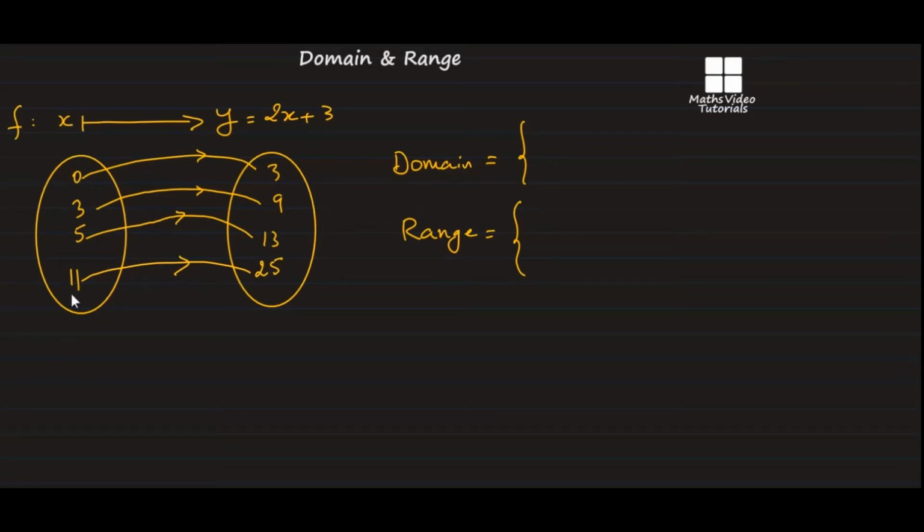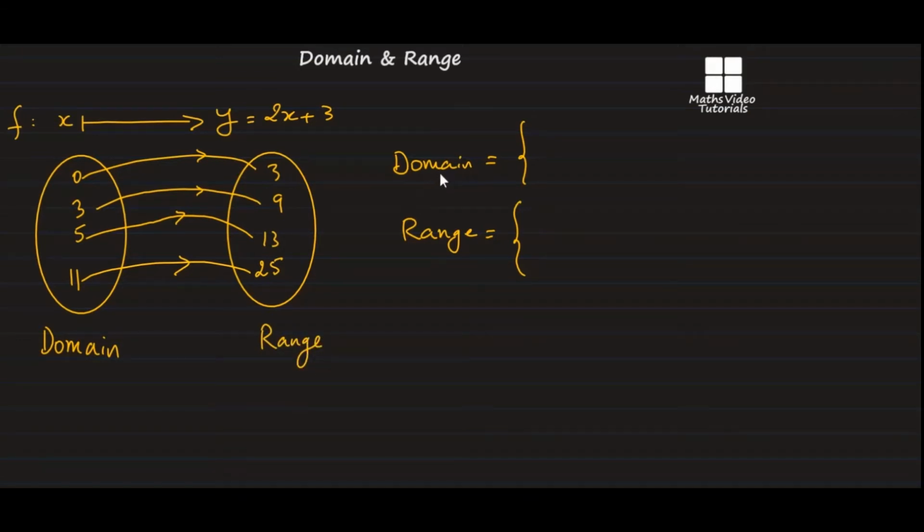Now these values here are usually called the inputs, and these values here are called the outputs. But we also call these values the domain of the function f. And these values here are called the range of the function f.